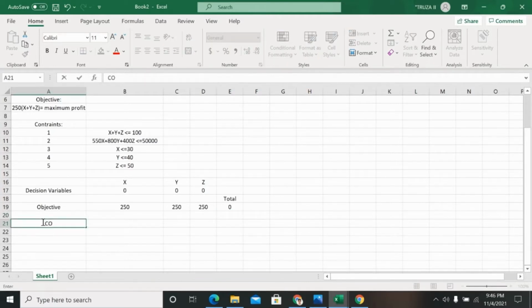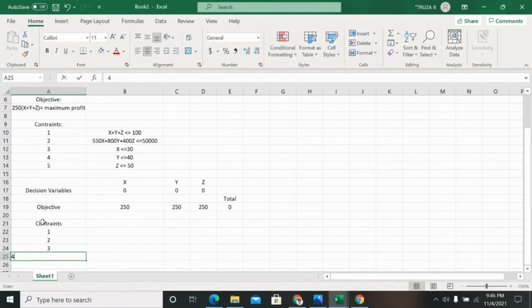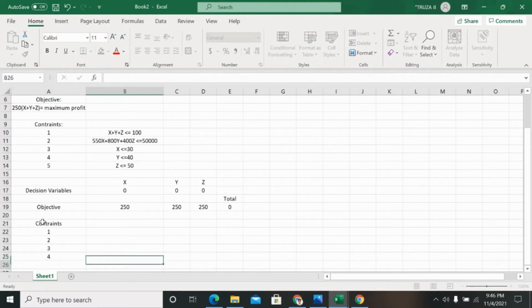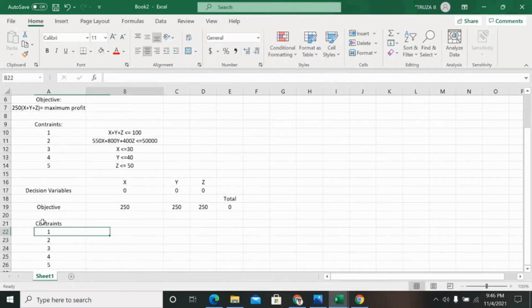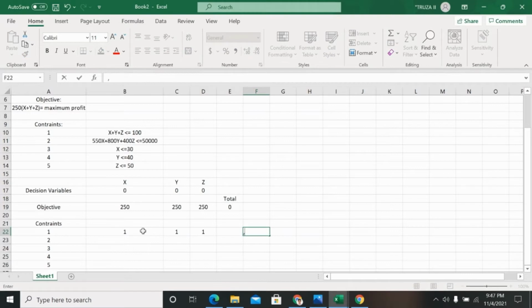Now for the constraints, we write constraints 1 through 5. In constraint 1, x plus y plus z should be less than or equal to 100, so the coefficients of x, y, and z are 1, 1, 1.